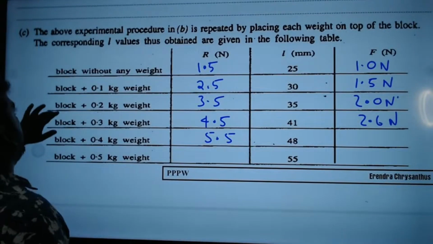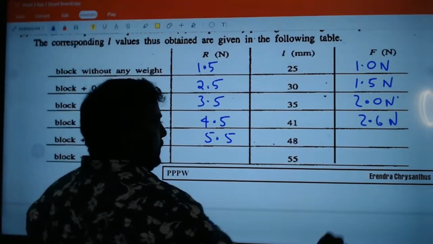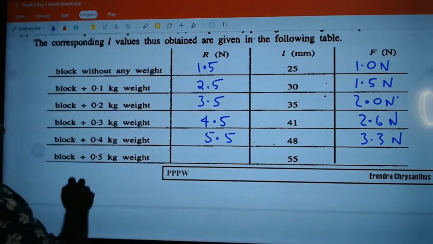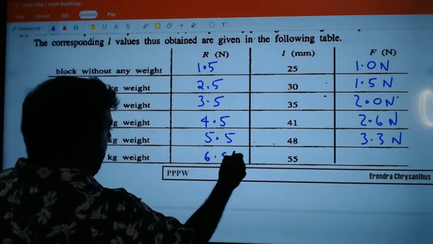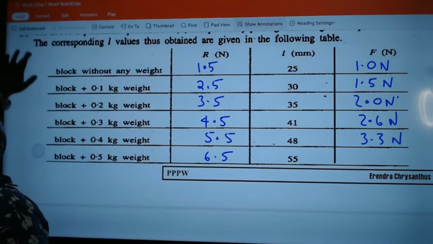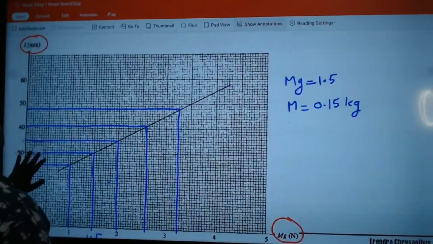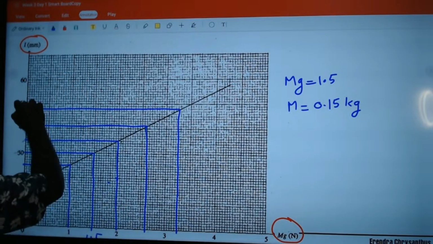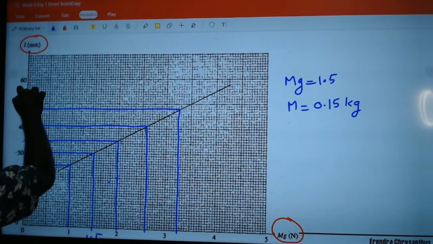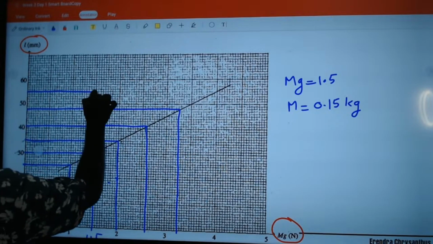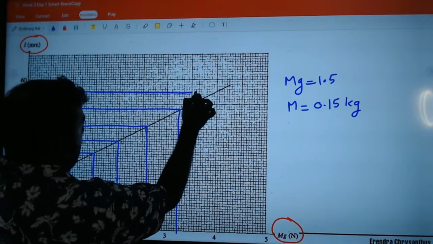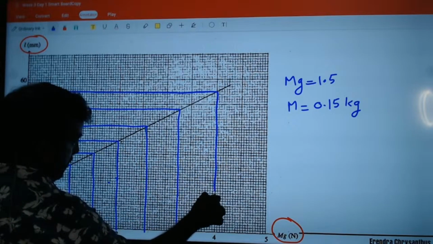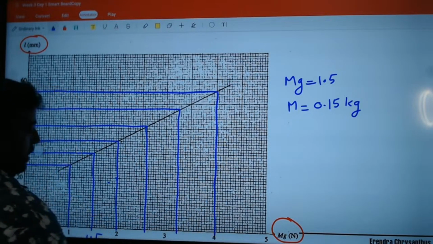So here, 1 decimal is 3.25, let's say 3.3. Next is 5, 6.5 Newton, 55, go back to the table, 55.